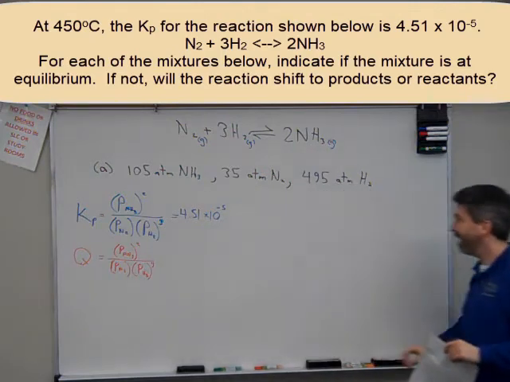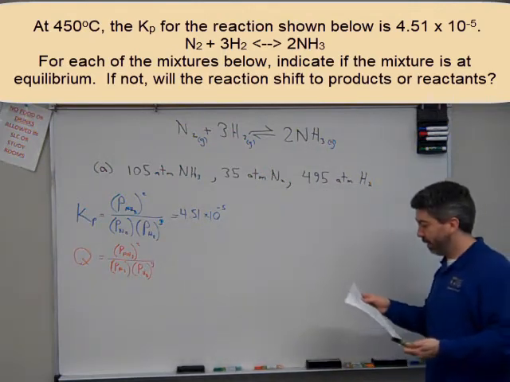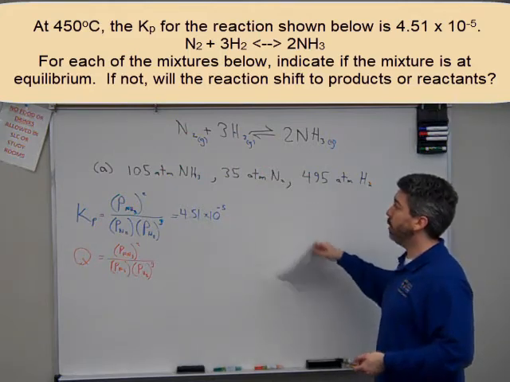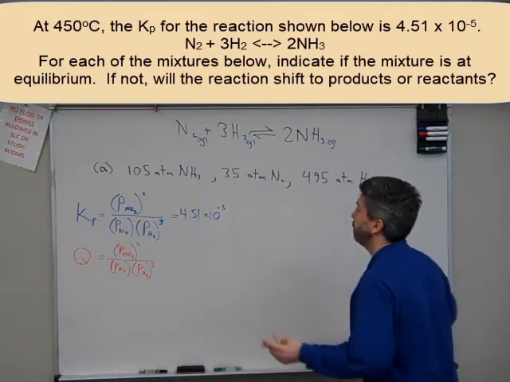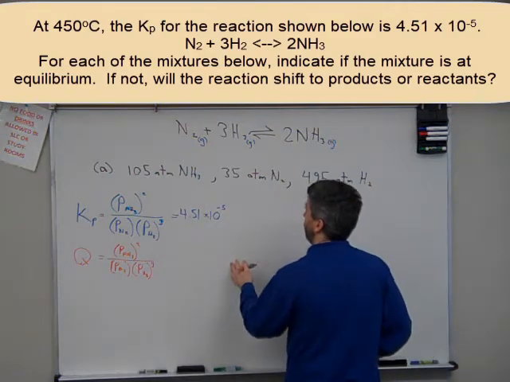Okay. So, in this case, we're going to go ahead and calculate what the Q value is, and then use that to figure out which way it's going to shift.